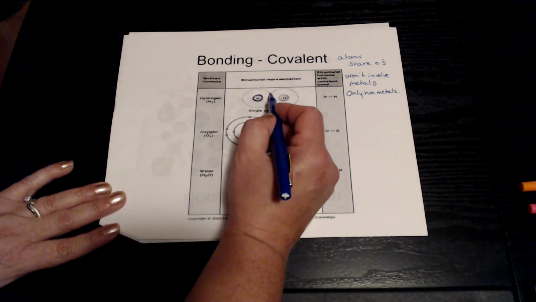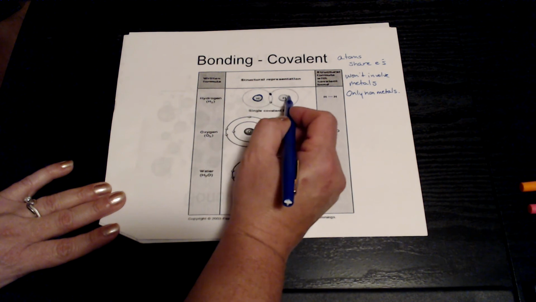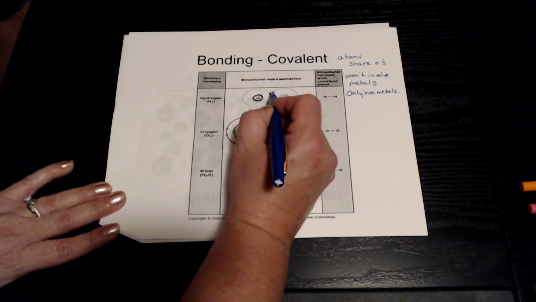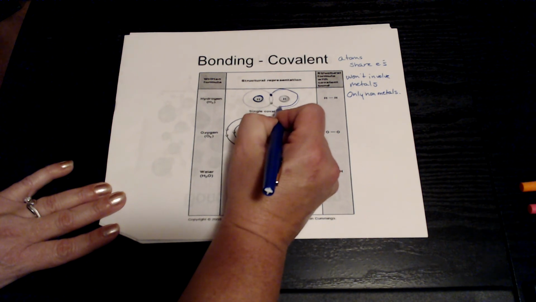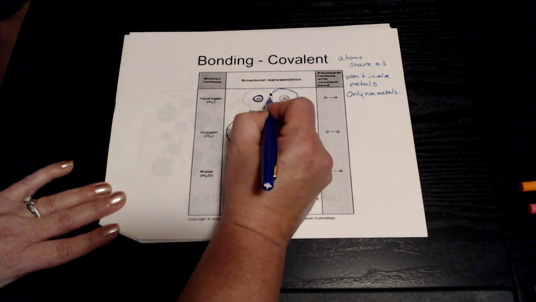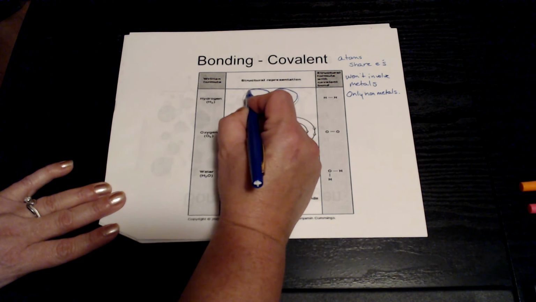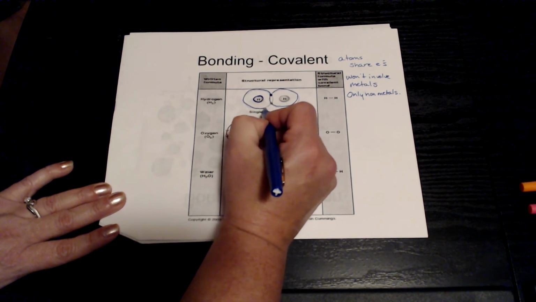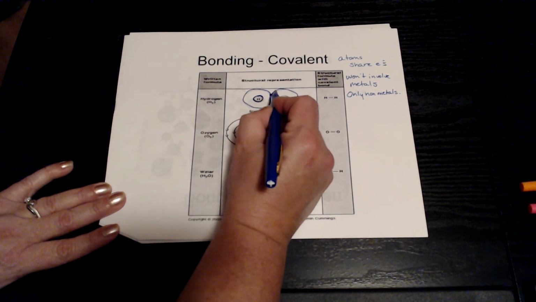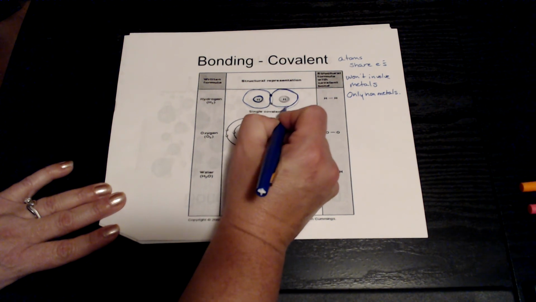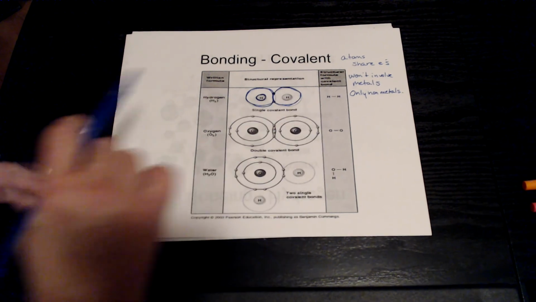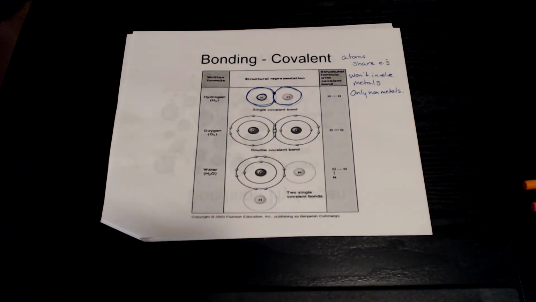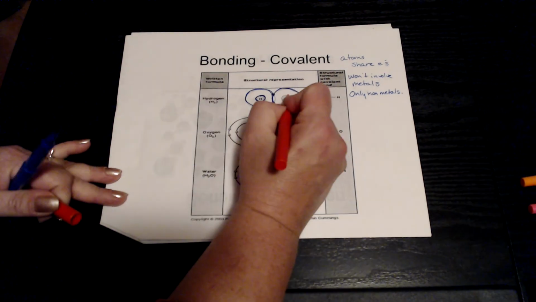If this hydrogen decides to share his electron with this hydrogen, then some of the times that electron is floating around that hydrogen, and then some of the times the electron is floating around this one. The same can happen for this hydrogen.